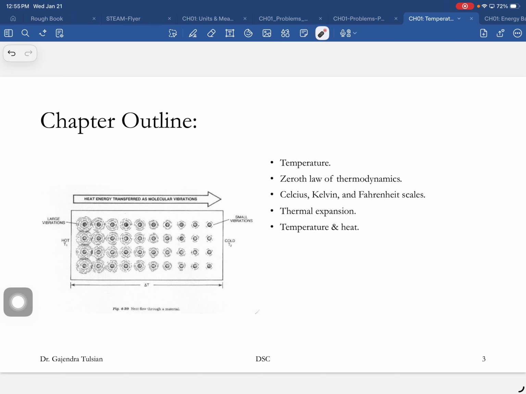Heat can be transferred via conduction, which we'll talk about later in the chapter. These guys vibrating with greater amplitude bump into their neighbor and share some of this energy. Then these guys bump into their neighbor and share some of the energy. These guys lose energy, these guys gain energy.